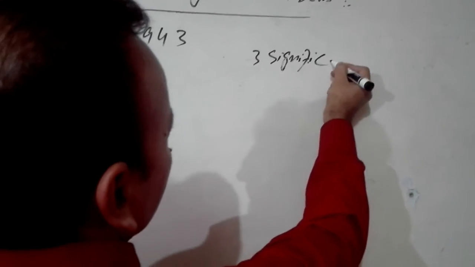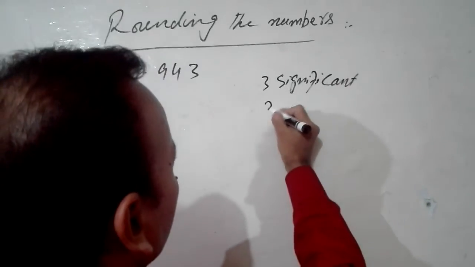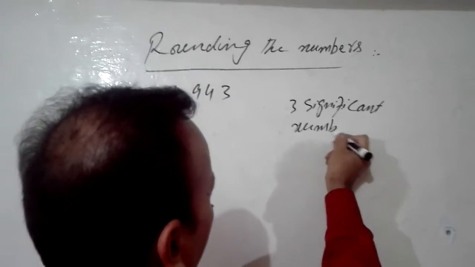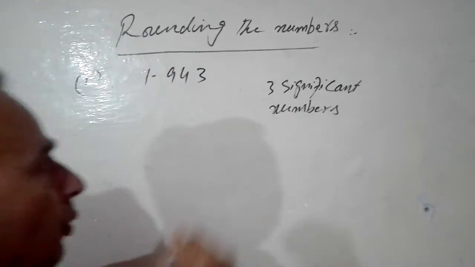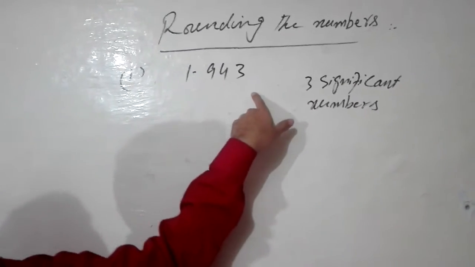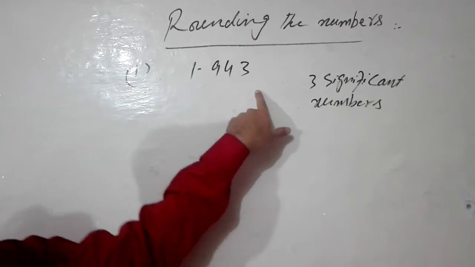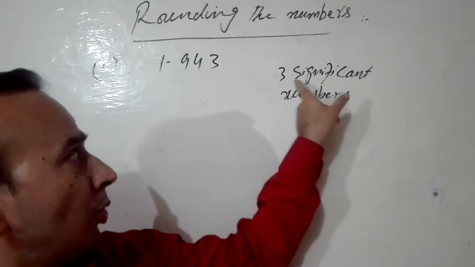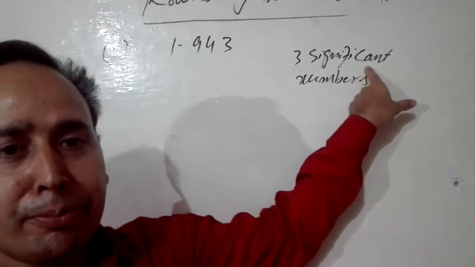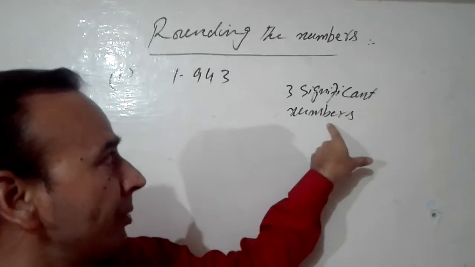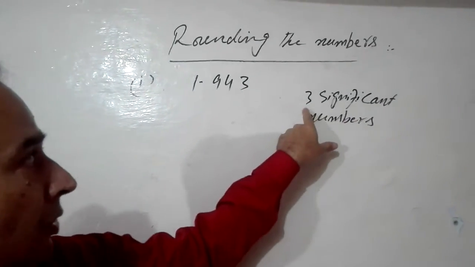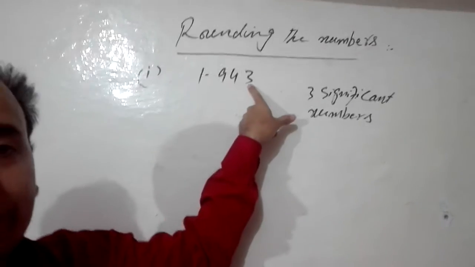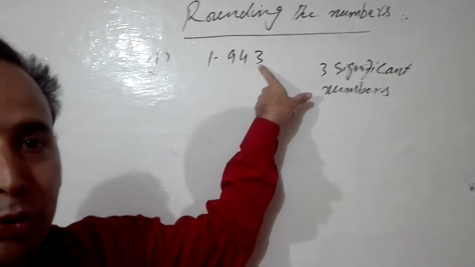So remember, if you have to round the number into three significant figures, then you have to look at the fourth number.